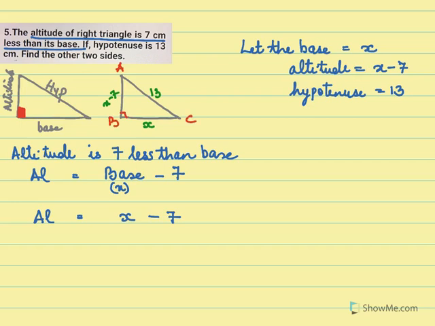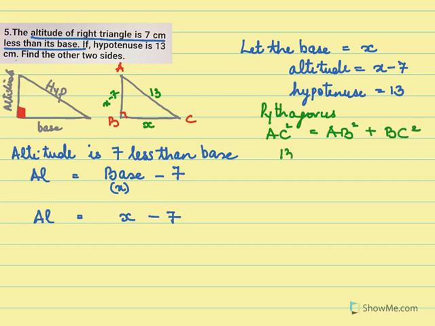So in this triangle, I can say now that AC square, by Pythagoras, I can write AC square equal to AB square plus BC square.